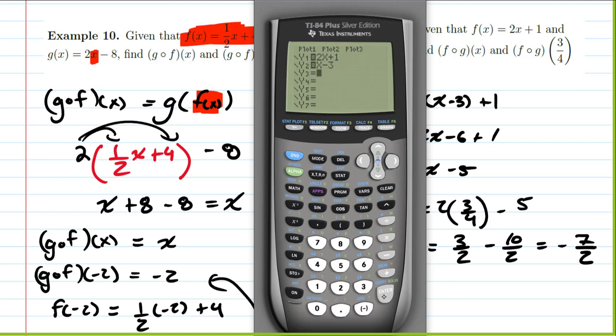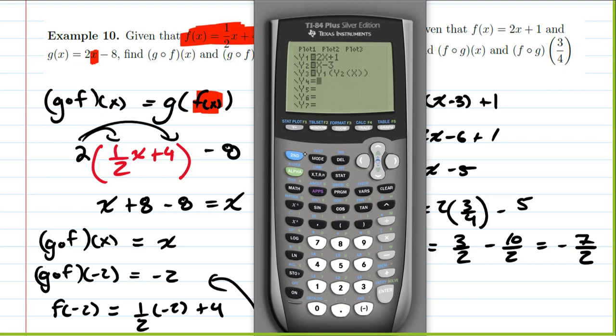And then we can make y3 represent the composition, because we want to put y2 into y1. So we go alpha trace y1 parenthesis, alpha trace y2 parenthesis of x, close our parentheses.